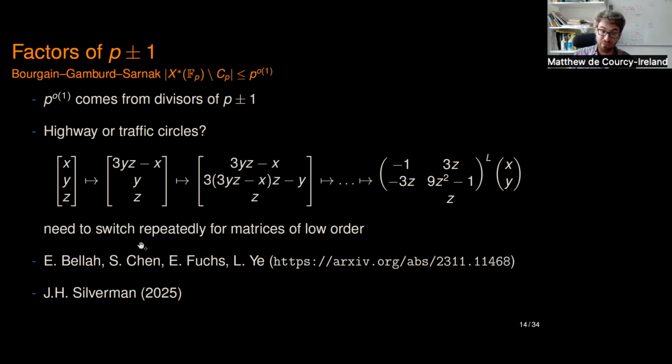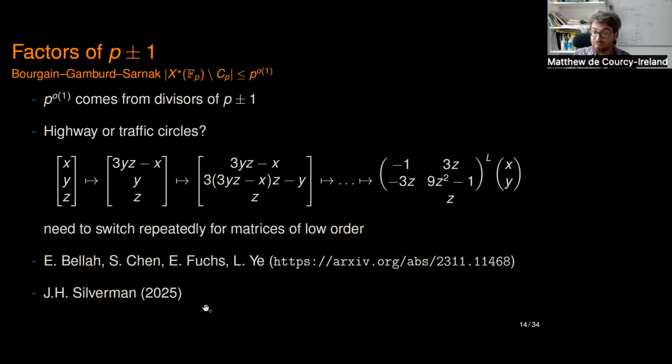So the issue is that you might need to switch repeatedly if this matrix has a small order. And the order of this matrix, in most cases, is going to be some divisor of p minus 1 or p plus 1, unless it ends up being a unipotent matrix. So the factors of p plus or minus 1 play a key role in how far you can go with this strategy.